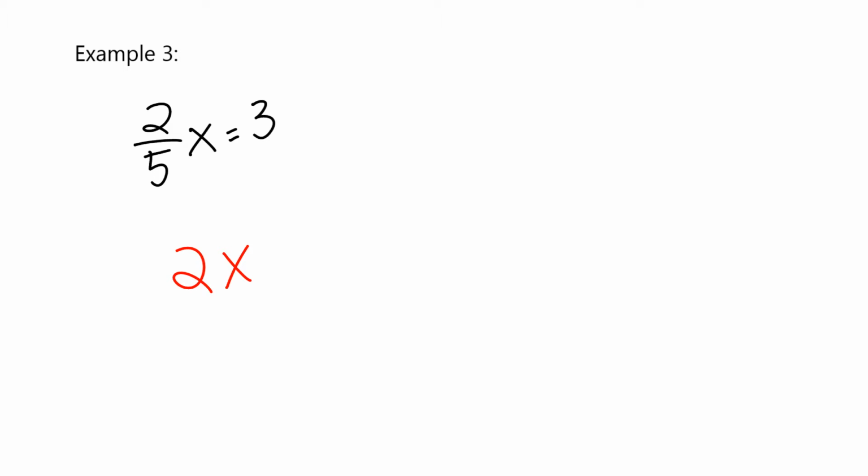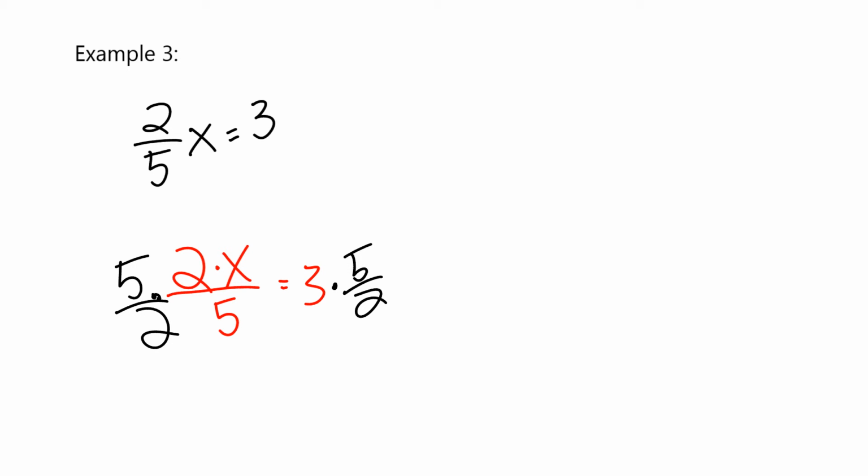The 2 would be multiplying x, the 5 dividing it. So if we want to solve for x, we need to do the opposite. To do the opposite, that means we would need to multiply by 5 and divide by 2 to both sides.